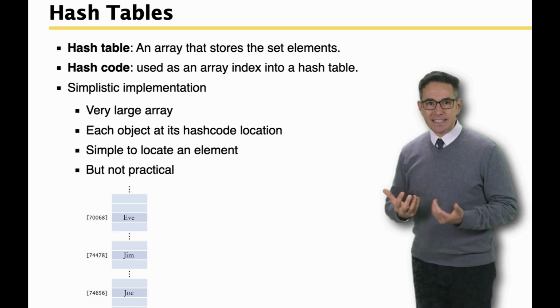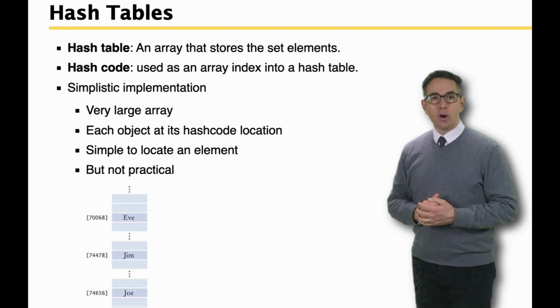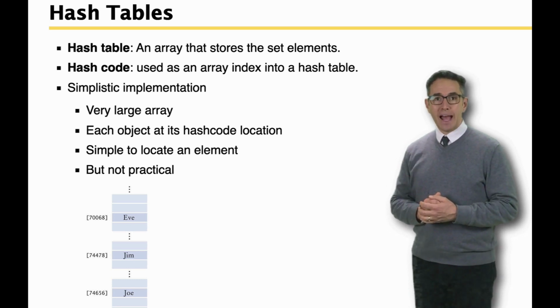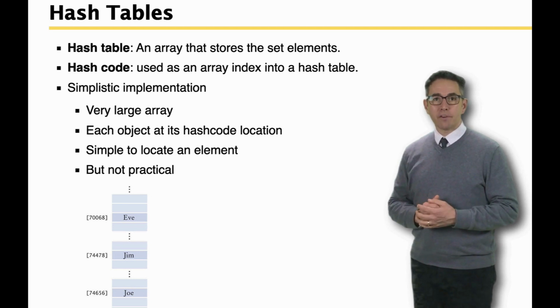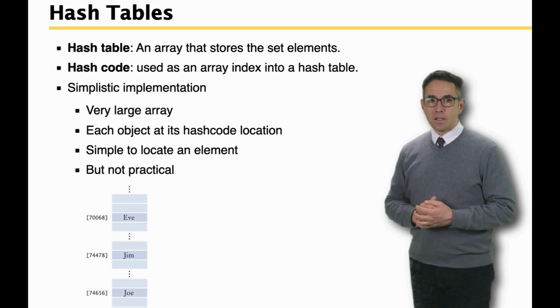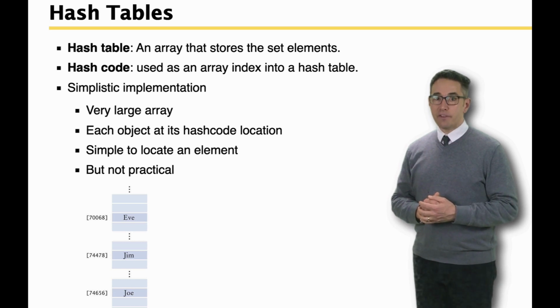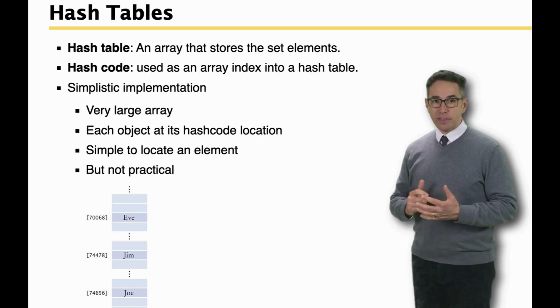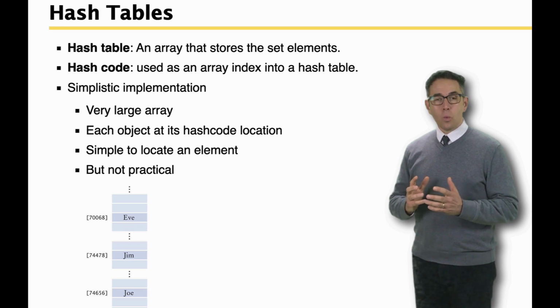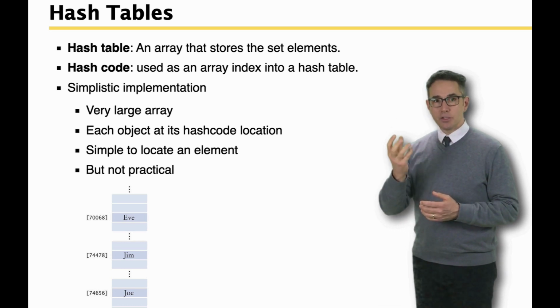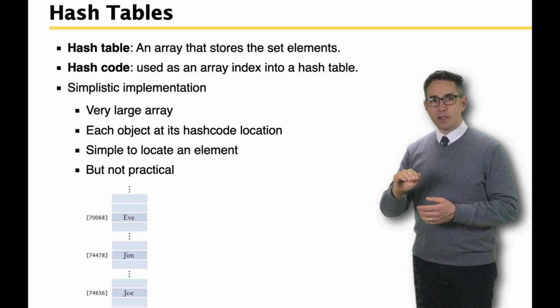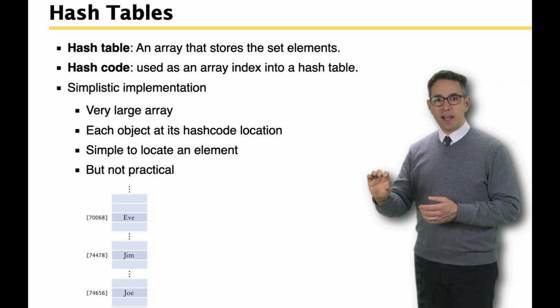So a very simplistic implementation of a hash table would be to have a very, very large array. In fact, an array that has one element for every possible hash code, meaning one element for every possible integer. That's an awful lot of integers, and it's a very large array. But if we think about this just abstractly, whenever someone wants to put something into our set, we could take that element, calculate its hash code, go to that element of the array, and store that element there.